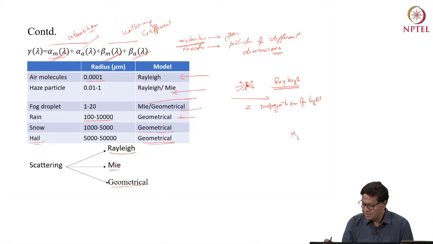In Mie scattering, there is a front lobe that keeps on increasing, and the background lobes here are sort of symmetrical. So this is typical Mie scattering.